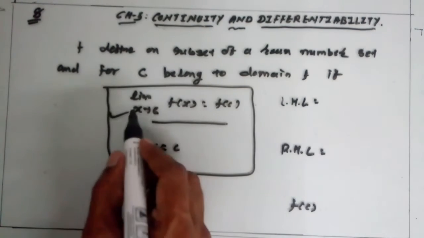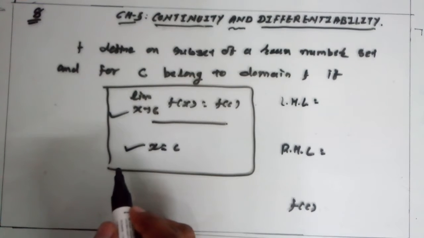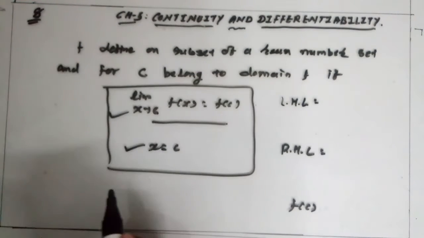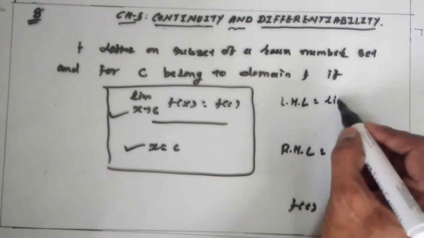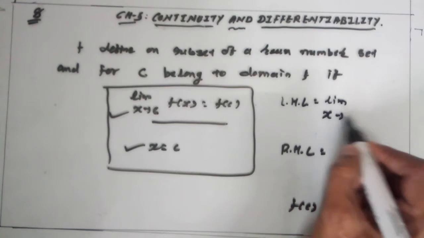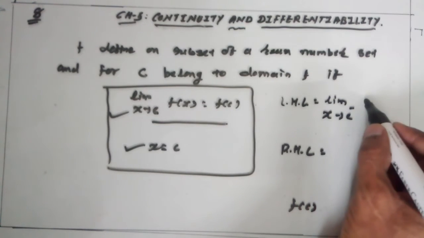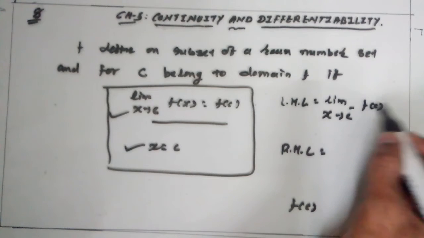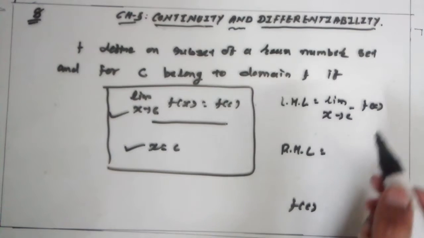Then limit x tends to c f(x) exists and is equal to f of c. Clear? Left hand limit is for a value of x less than c going near to c, so limit x tends to c negative f(x).